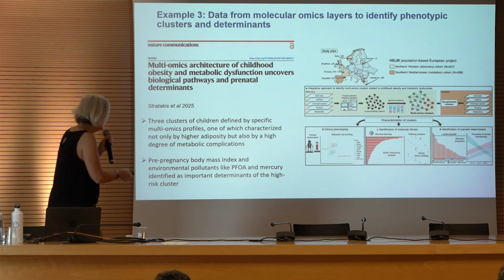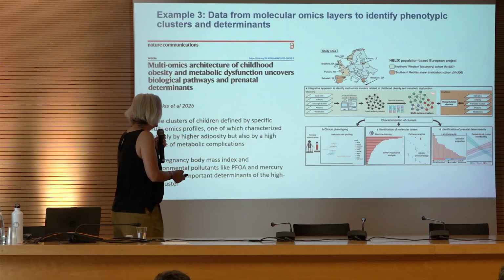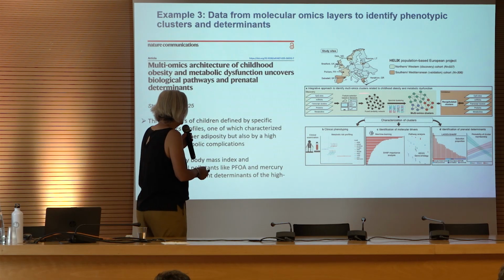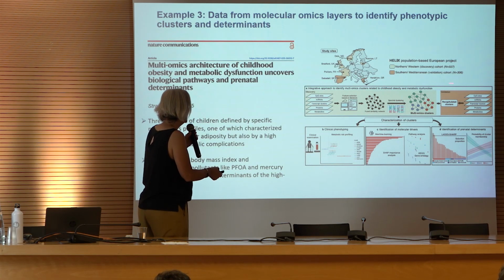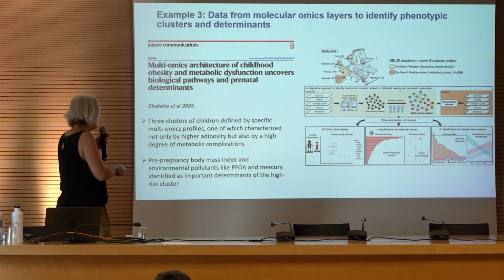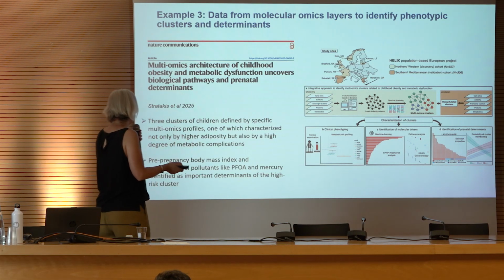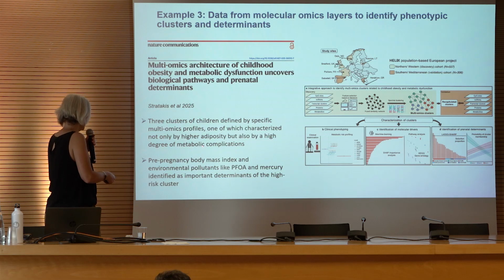So we used multi-omics methods based on machine learning and multi-omics data to define clusters of children defined by these different omics profiles, characterizing more metabolically healthy and unhealthy obesity.